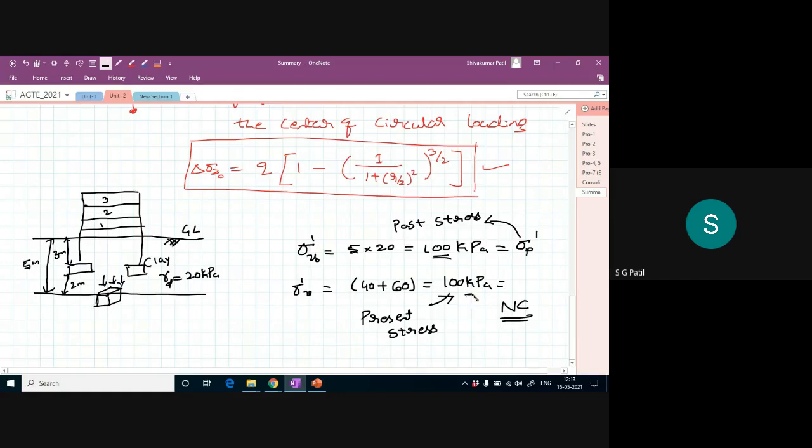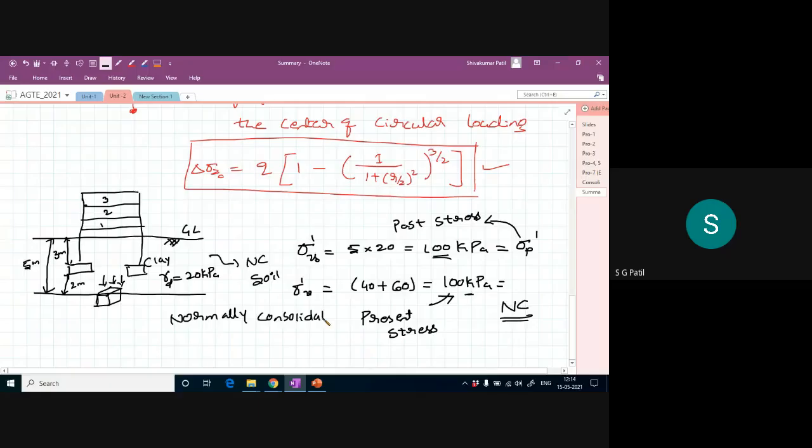Why is it normally consolidated soil? Because the present loading is almost equal to the past loading. What was my past loading? Around 100 kilopascal, and what is my present loading? Again the same, 100 kilopascal.